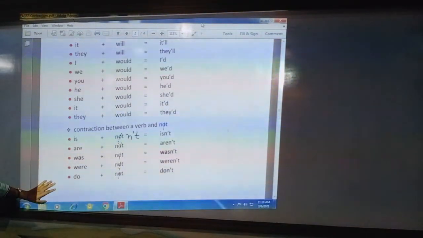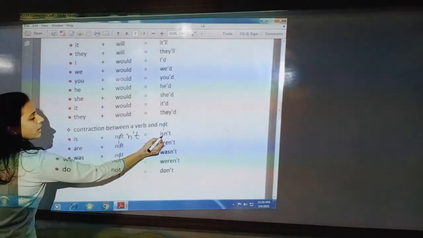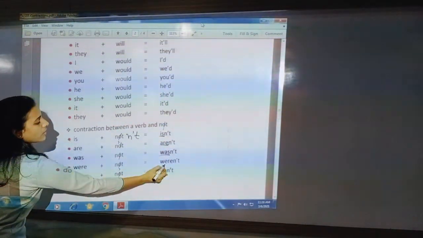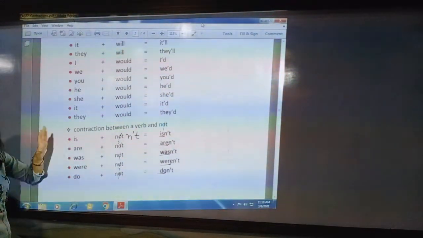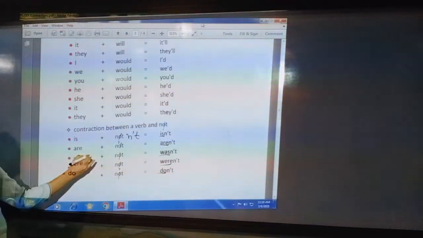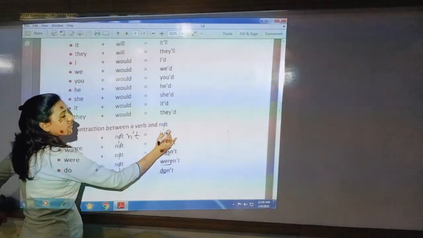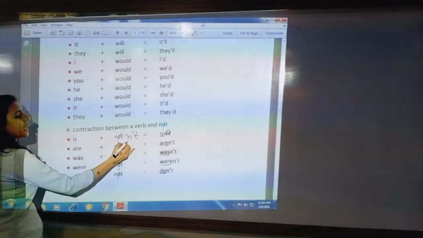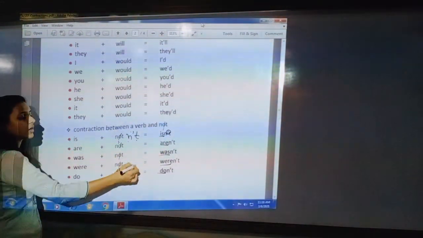So in this way, the first word will be written the same: is, are, was, were, do. And in the second word, that is not, the contraction will be done by removing O, the second letter from not. At that place we will put an apostrophe. So it will be apostrophe T: isn't, aren't, wasn't, weren't and don't.